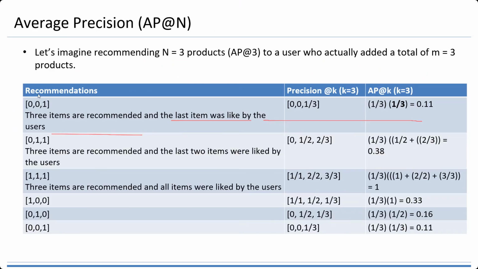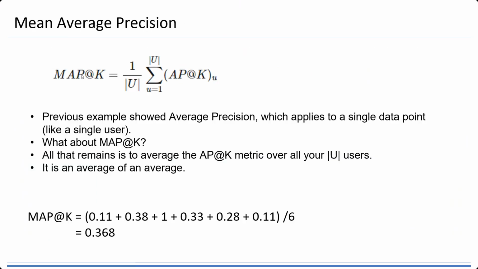So this is user 1, this is user 2, user 3, user 4, user 5, user 6. Among the 6 users, I want to know the mean average precision at K. K means there are 3 items.